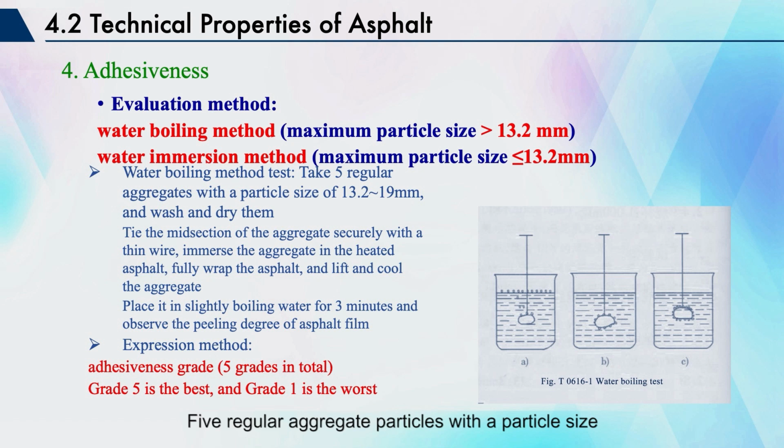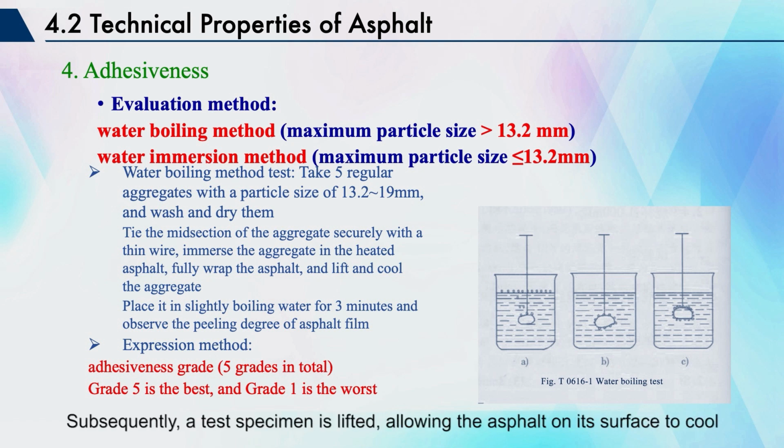Regular aggregate particles with a particle size ranging from 13.2 millimeters to 19 millimeters are selected, cleaned, and dried. A fine wire is used to securely attach the aggregate particle in the middle and immerse it in preheated asphalt, ensuring thorough coverage of the aggregate surfaces with asphalt.